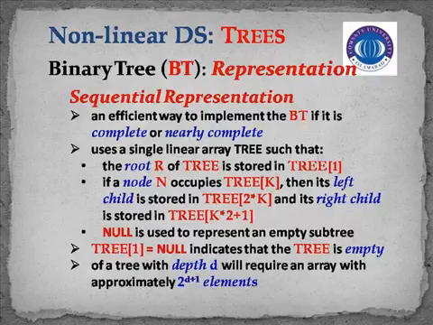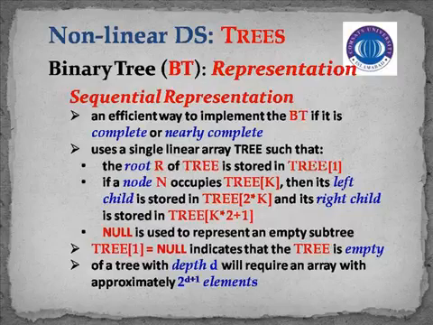If a node n occupies the location k of the tree, then its left child is stored at location 2k of the tree, and its right child is stored at location 2k plus 1 of the tree.